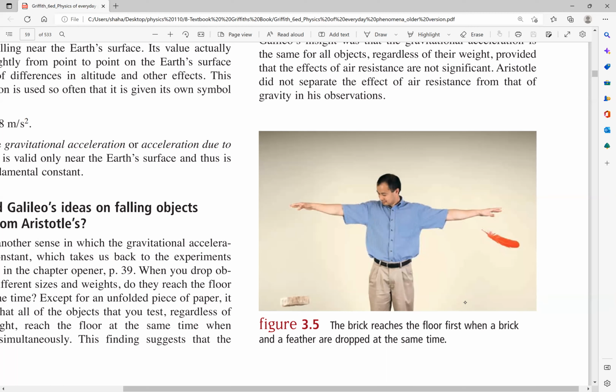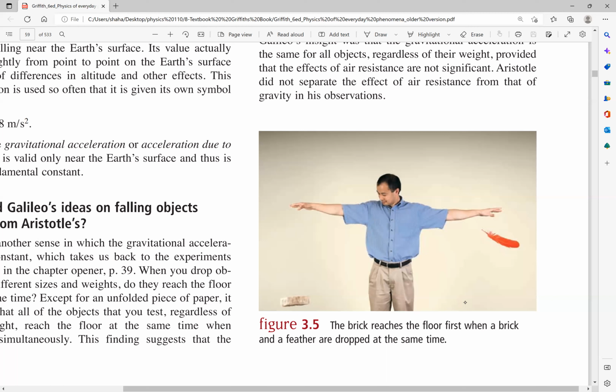If you have a feather or paper, you have the same problem here, and they don't follow those equations regarding falling objects. But of course, a brick or hammer will follow those equations.